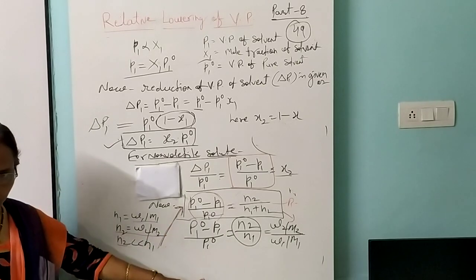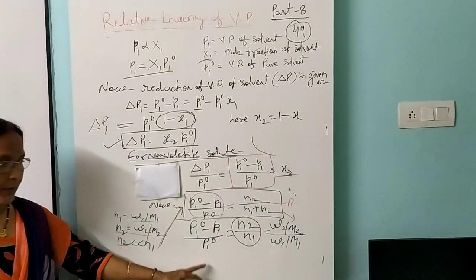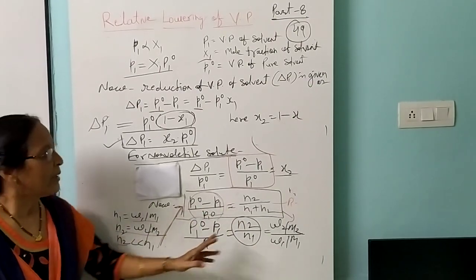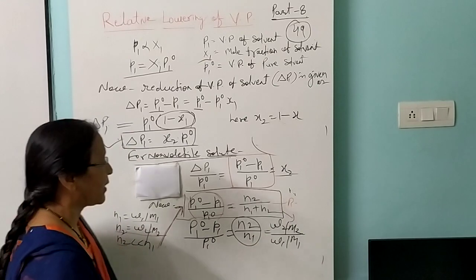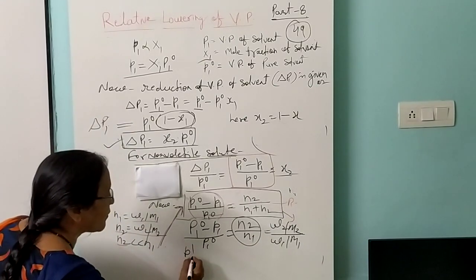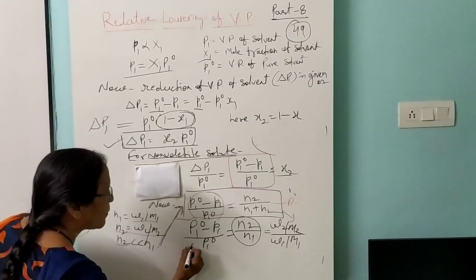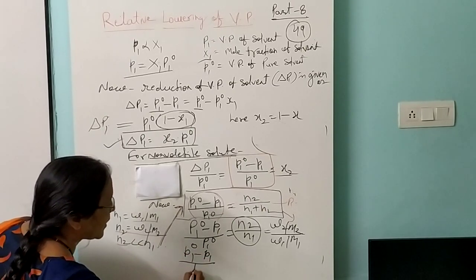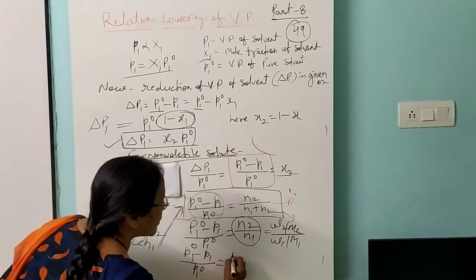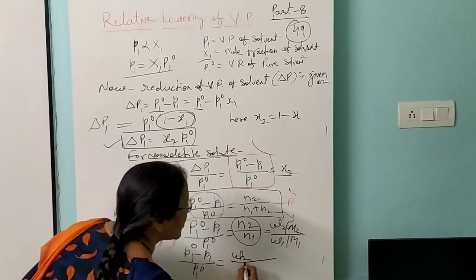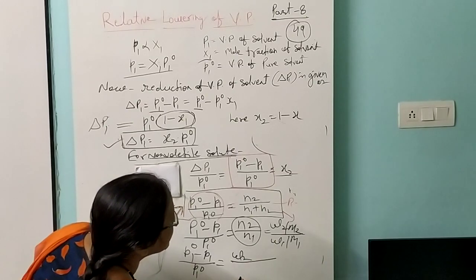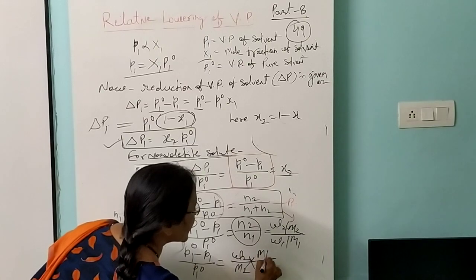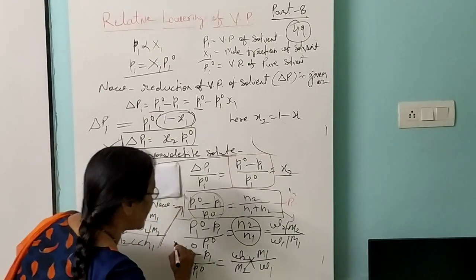So with the help of this formula for relative lowering in vapor pressure, we can write (P1⁰ minus P1) upon P1⁰ is equal to W2 upon M2 into M1 upon W1.